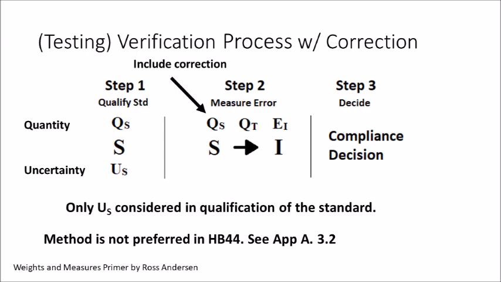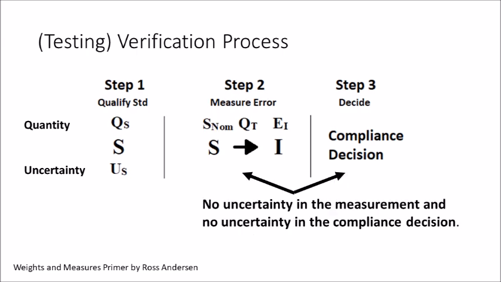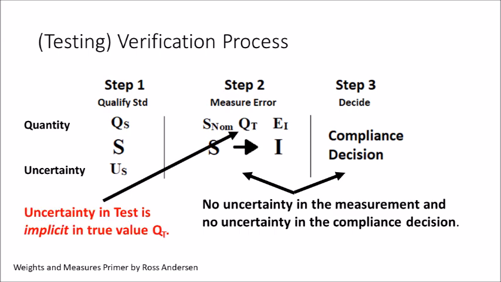If you do that, you only have to consider the uncertainty in the qualification of the standard. What's critical is that you see there's no uncertainty in the measurement and no uncertainty in the compliance decision. What we're saying is the uncertainty in this test is implicit in the true value Q sub T.